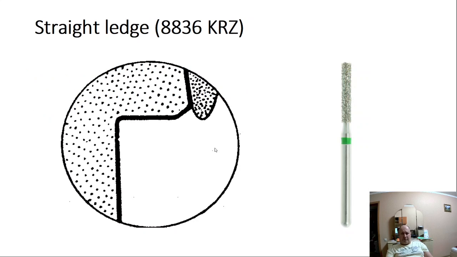Don't use burs with sharp rectangles. They need to be softened, just a little bit softened, because if you use this one, it will not be so good. You need to make them softer than here.